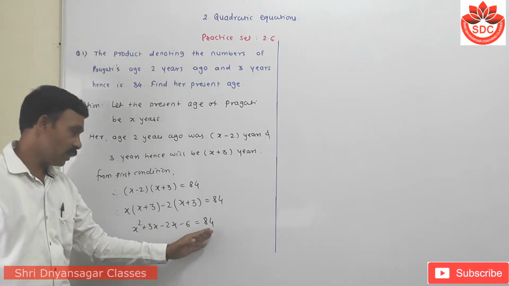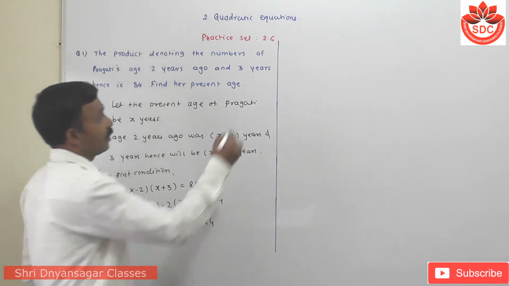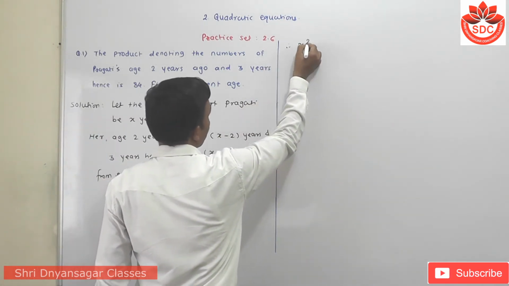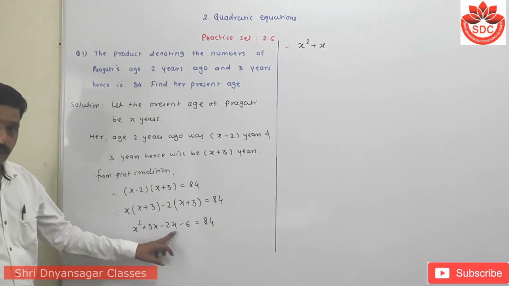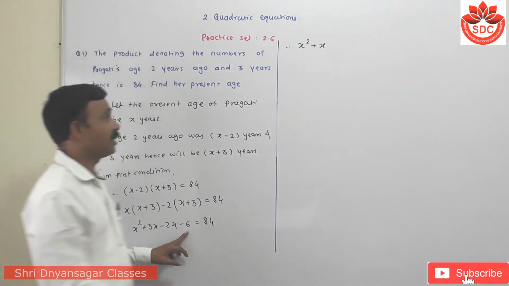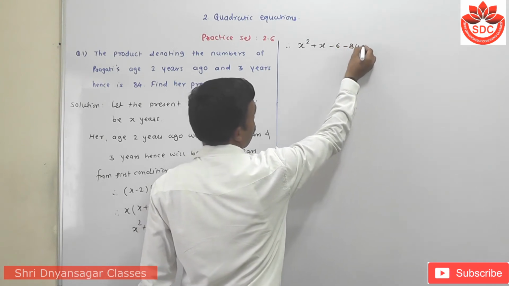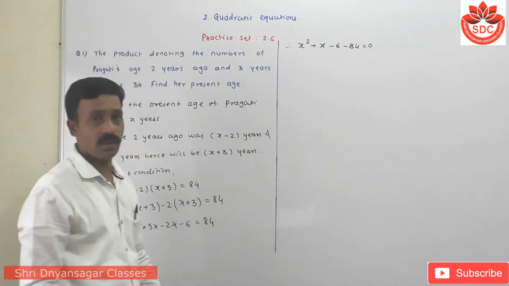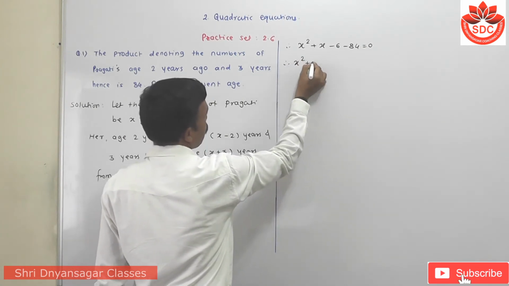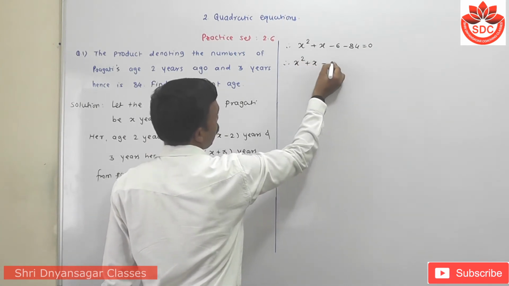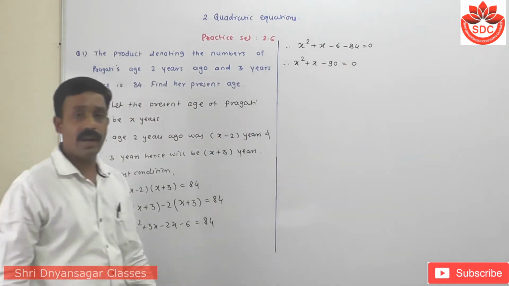Then transpose this 84 to the left side, and the equation becomes x square plus x minus 6 minus 84 is equal to 0. Then x square plus x minus 90 is equal to 0. This is our quadratic equation.